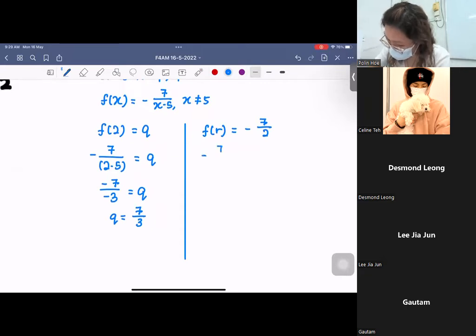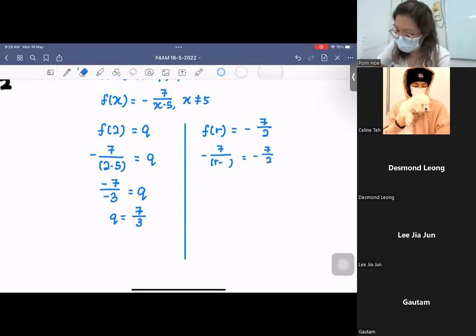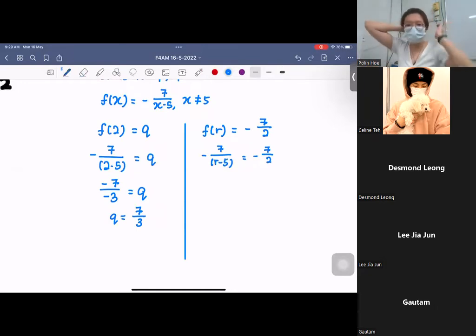Negative 7 over R minus 5 is equals to negative 7 over 2. Now, you just want to find out what is the value of R. You can use any method. You can use the comparison method. You can use the cross multiply method. Any method that you like. But if you are sensitive enough, you should tell me that R minus 5 equals to 2.